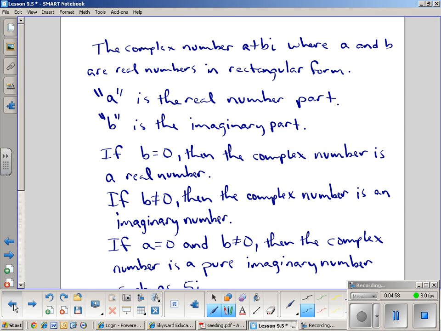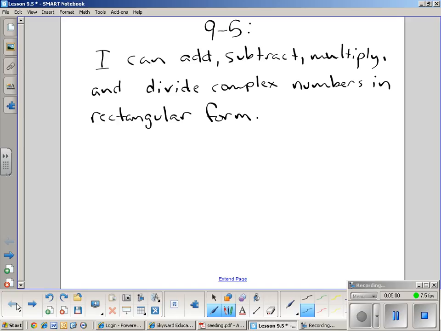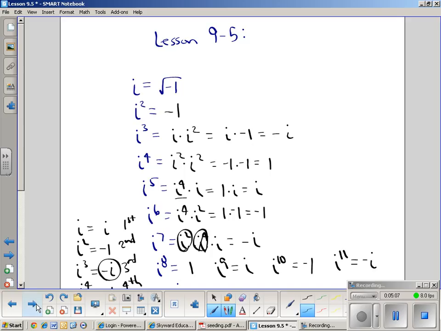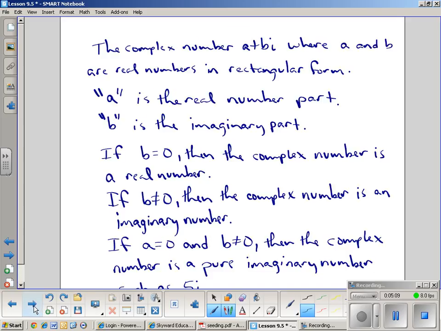Oh, let's back up. We skipped the I can statement for the recording. Here's your I can statement. And we just went through that. So here we go. I'll pause this so you can copy it down.